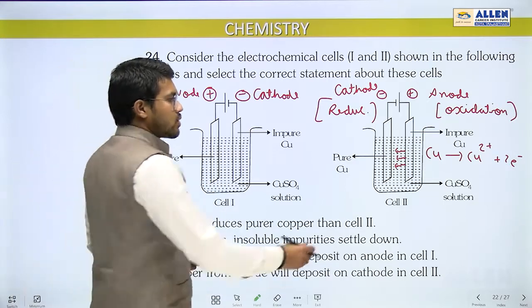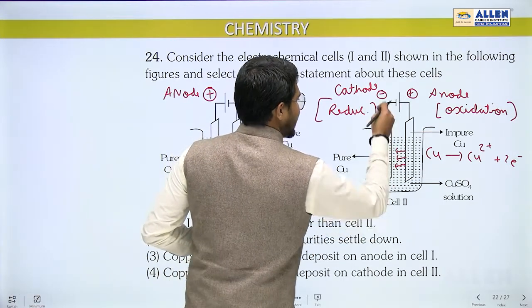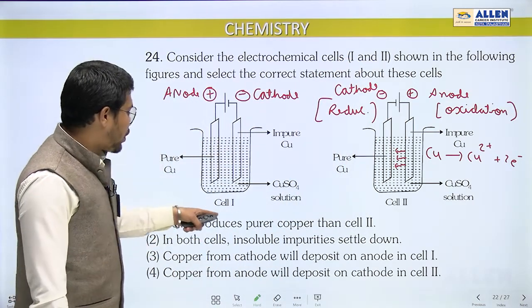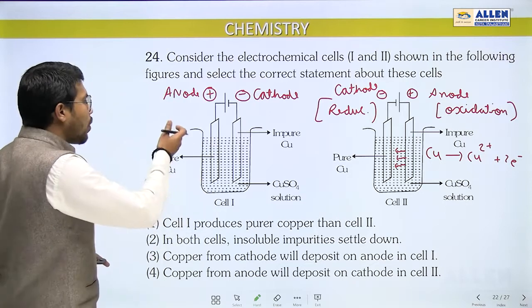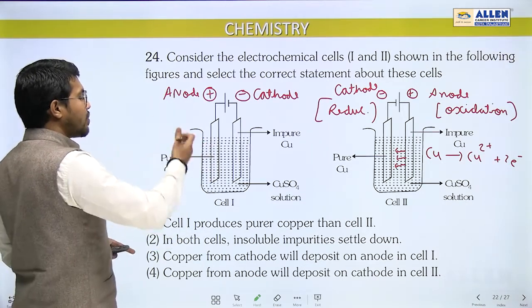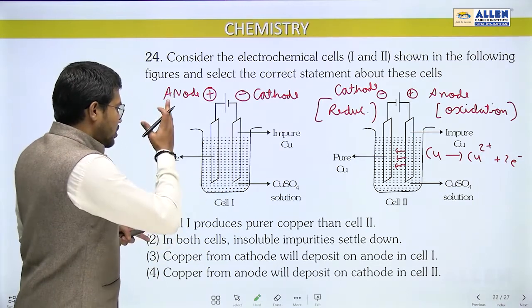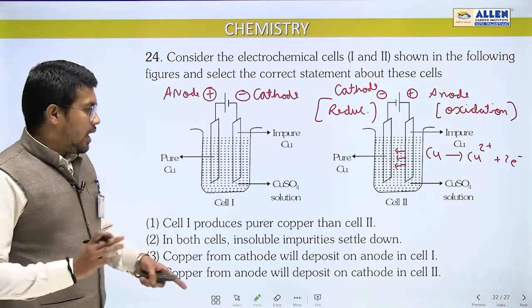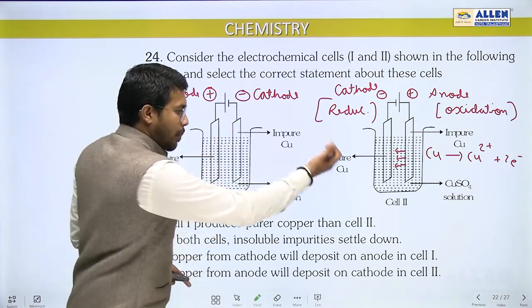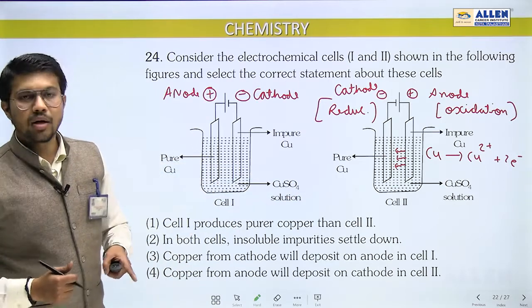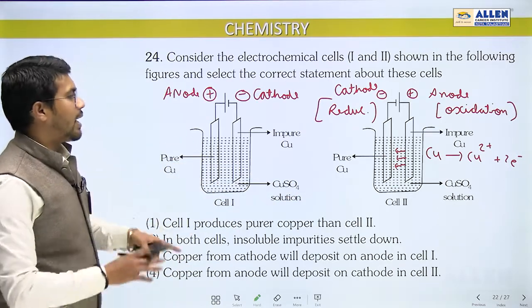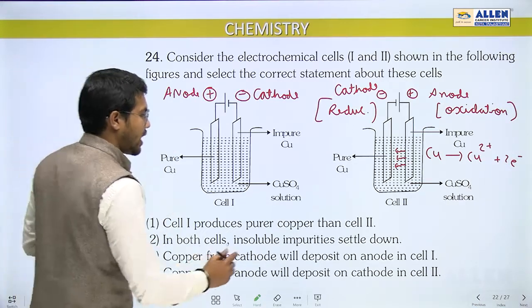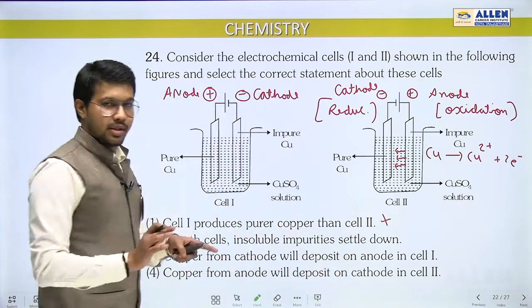In this way pure copper will get deposited on cathode. But this statement is saying that cell 1 produces purer copper. In cell 1 anode is made up of pure copper, so how can cell 1 produce purer copper than the copper produced in the second cell? So this statement becomes wrong.